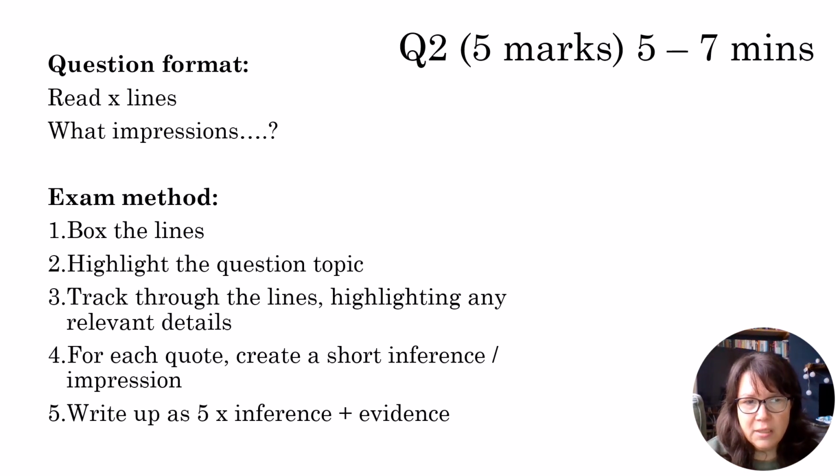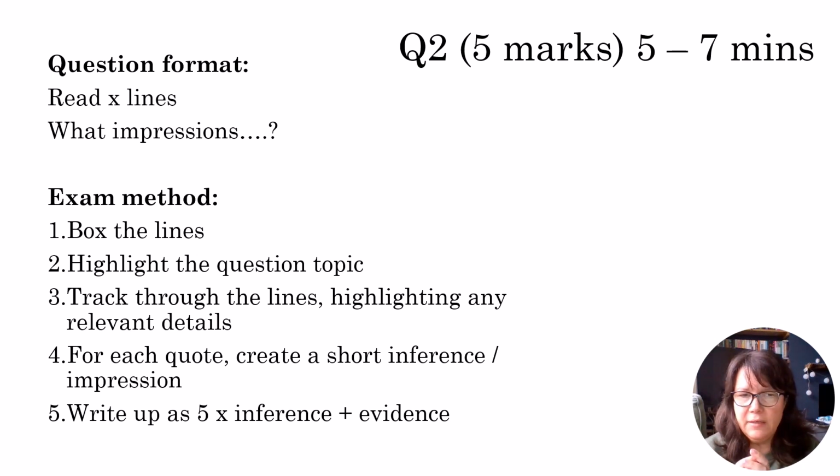So again, you're going to box the lines, highlight the question topic, and then whatever the question is, you're going to go through highlighting any relevant details. You're reading the next section of the text and underlining more information. Then for each quote, you need a short inference or impression, and you write that up as 5 inferences with evidence.